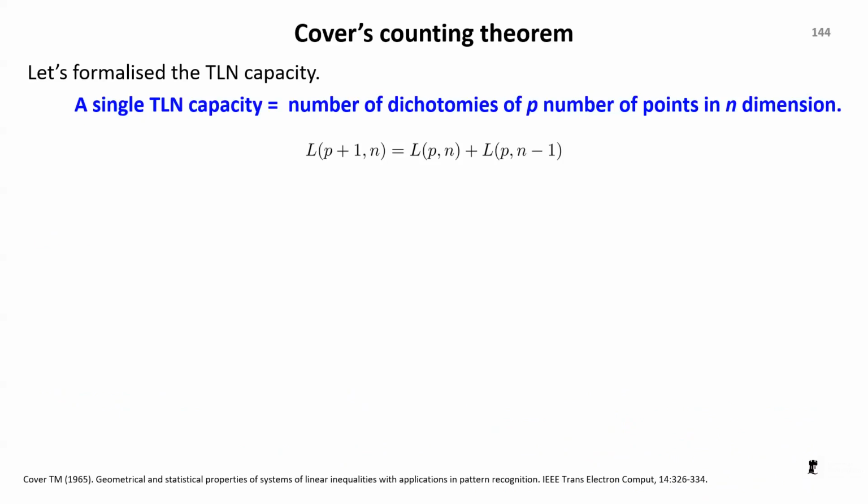Before we look at that, how do we calculate those? Before, we did it by hand, right? What happens if you have 100 points?